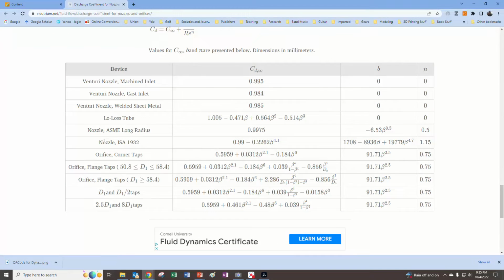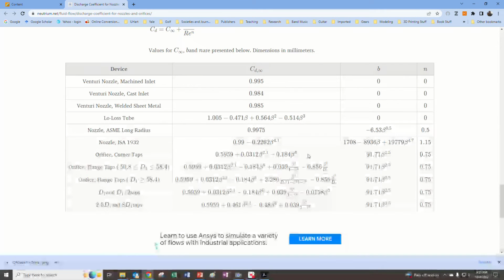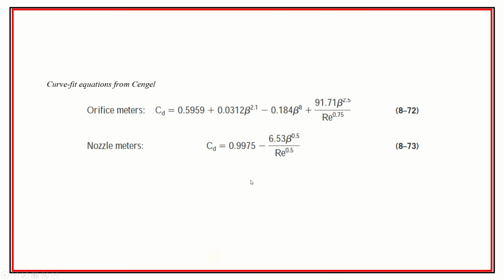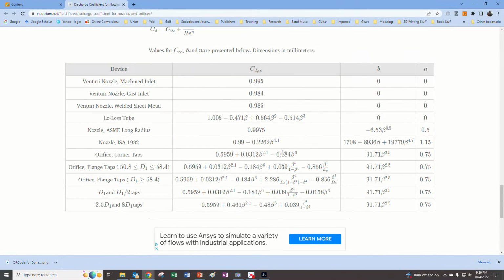So you can see that they have the orifice with corner taps. This is the same equation that we have right there, although that says to the sixth. Interesting. I've actually run across a problem recently. Let me go back to this. That's to the 8. I think that might be where we have a problem. Okay, I found a problem in using these graphs, but let me double check that right there.